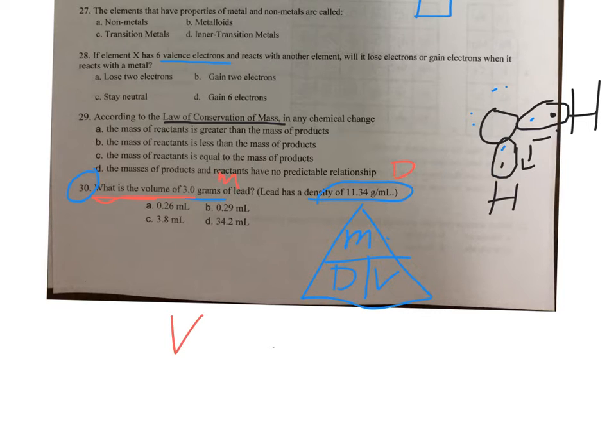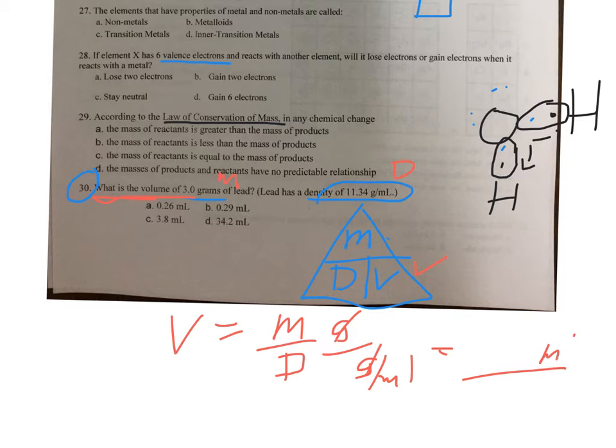So you have volume. Now you're going to cover that up, so that means you have mass divided by density. This is what you're really going to do. Now don't forget, you're going to have grams on top and grams per milliliter on the bottom. Those grams cancel out. Your answer will be in milliliters.